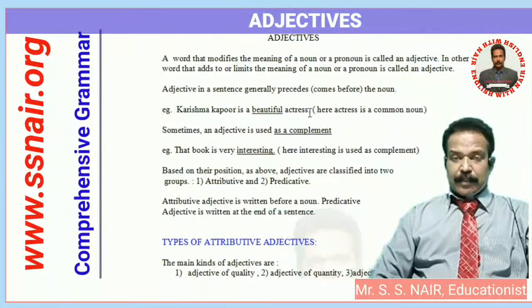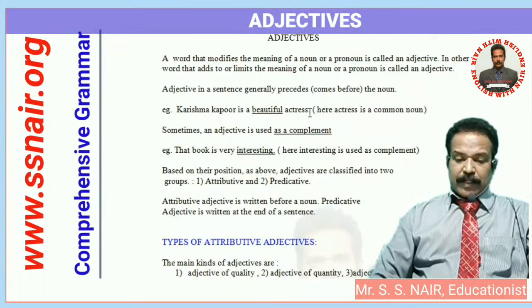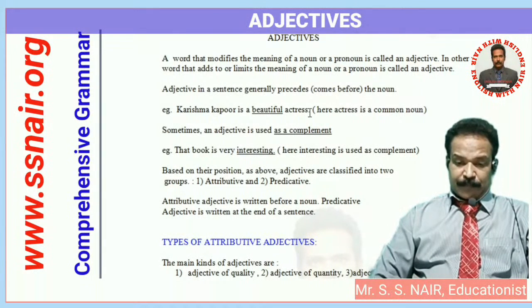Sometimes an adjective is used as a complement, especially when we use adjective at the end of the sentence. That we come to know about attributive adjective and predicative adjective. So when it is used at the end of the sentence and there is no noun after it, it is called a complement. So adjective is used as a complement also.